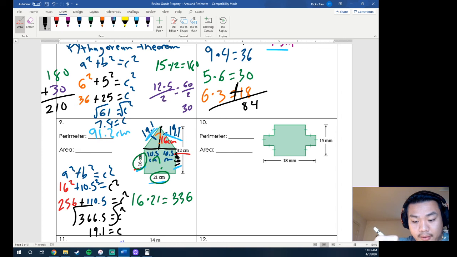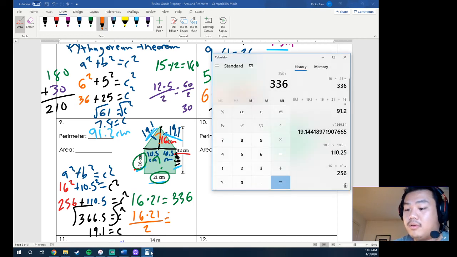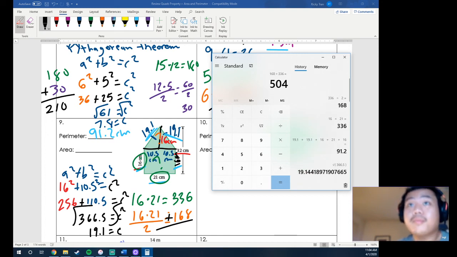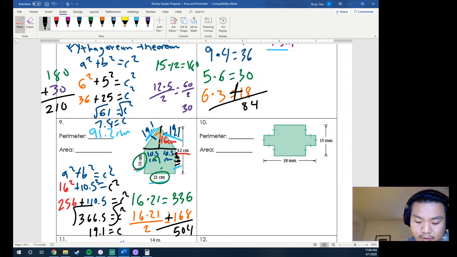And then we take 16 times 21 divided by 2, or 336 divided by 2, which is 168. And then we add those together. We have 504 centimeters squared.